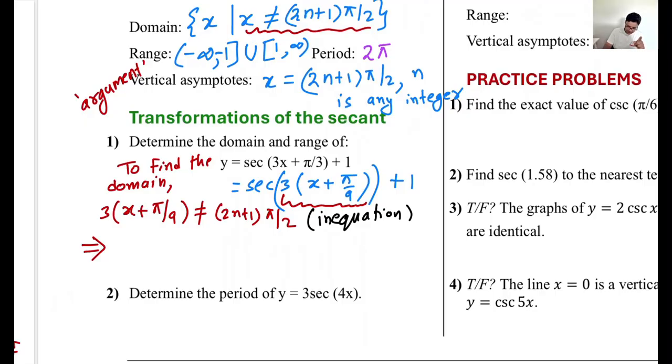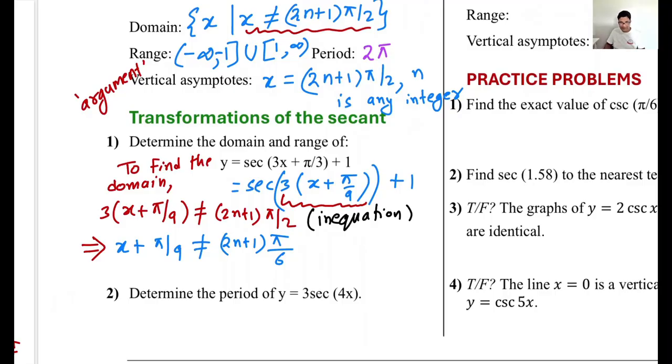And let us do that solving now. So what does it give you? You have to isolate x on the left side. So I'm going to divide by 3 on both sides. So you get x plus pi over 9 is not equal to 2n plus 1 pi over 6.